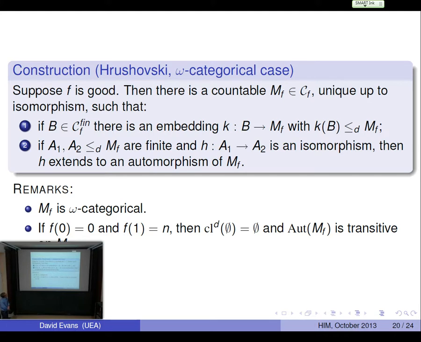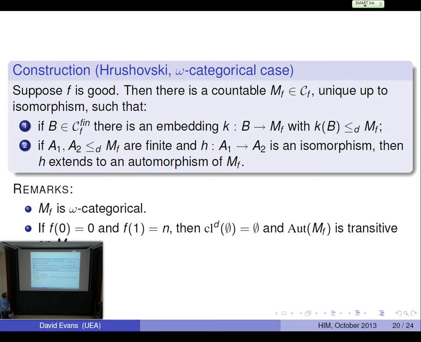So if f is good, then there's a countable structure Mf unique up to isomorphism such that any finite structure in the class can be embedded as a closed substructure of Mf. And the homogeneity property: if A1 and A2 are closed and finite, and h is an isomorphism between them, then it extends to an automorphism.